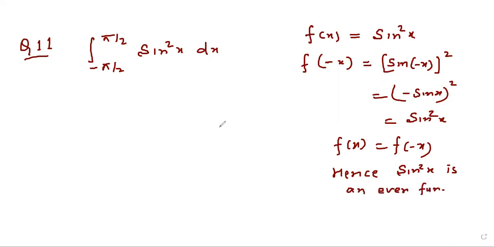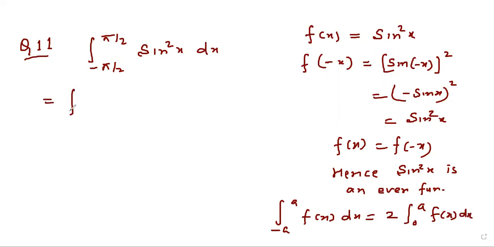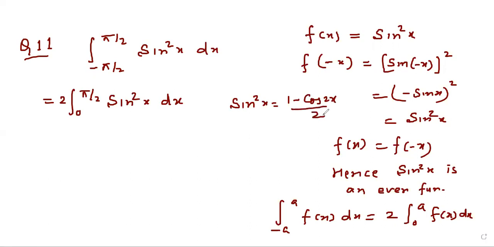And in case of an even function, the rule is integration from minus a to a of f(x) dx equal to twice the integral 0 to a of f(x) dx. So this property we can apply here. So it will become twice the integral 0 to pi by 2 of sine square x dx. Now, if you remember, sine square x equal to (1 minus cos 2x) divided by 2.